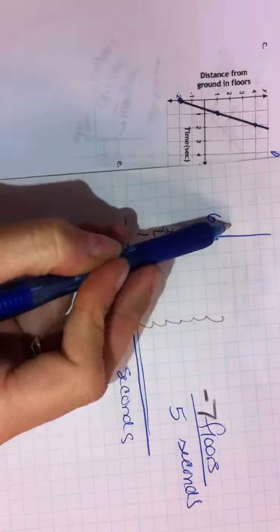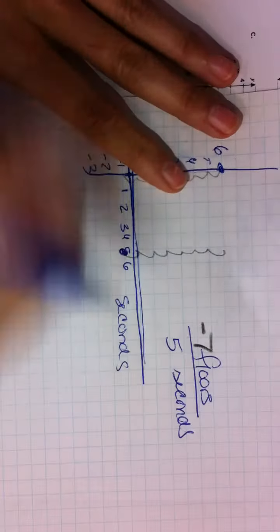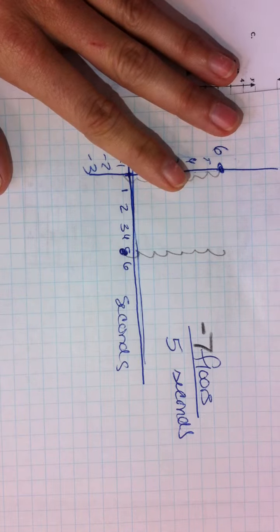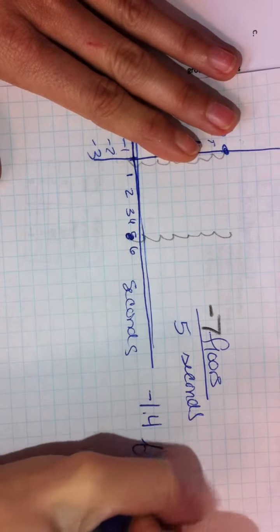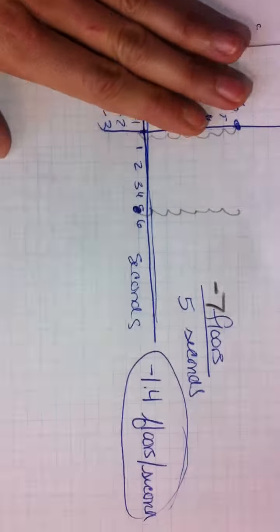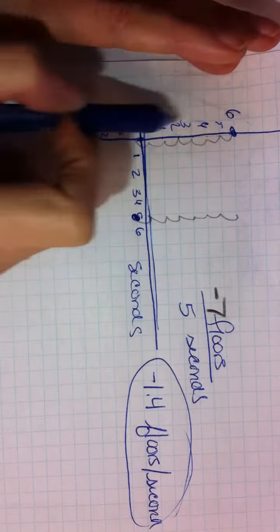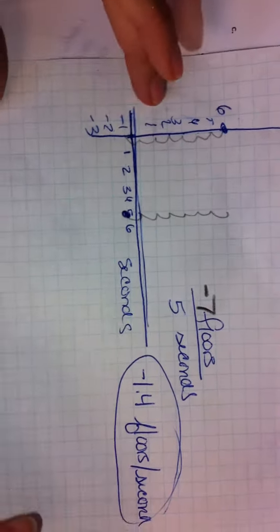To get from the 6th floor to 1 below the ground, it's -7. So -7 divided by 5 gives you -1.4 floors per second. That negative will get you every time. So take a second, pause, and tell me what you got wrong or what you know now on your paper.